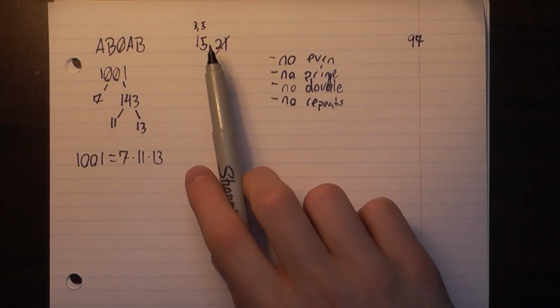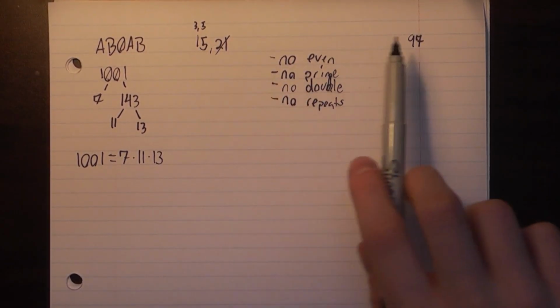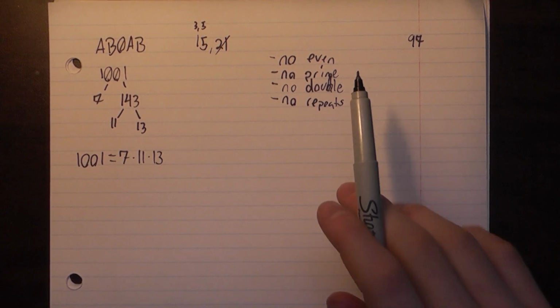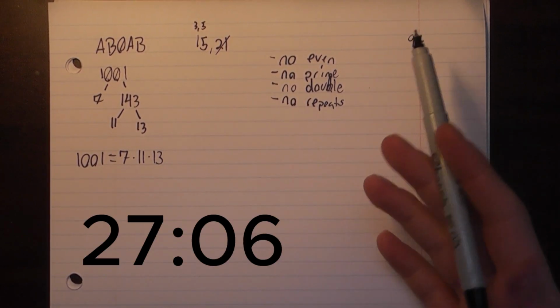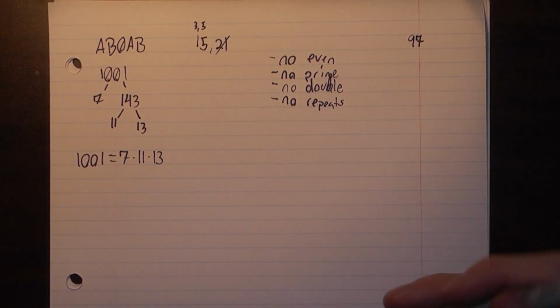So I'm going to find every possible number between 15 and 97, and if you want to watch that, you can stick around, or if you want to skip that, I'll leave a timestamp somewhere on the video.